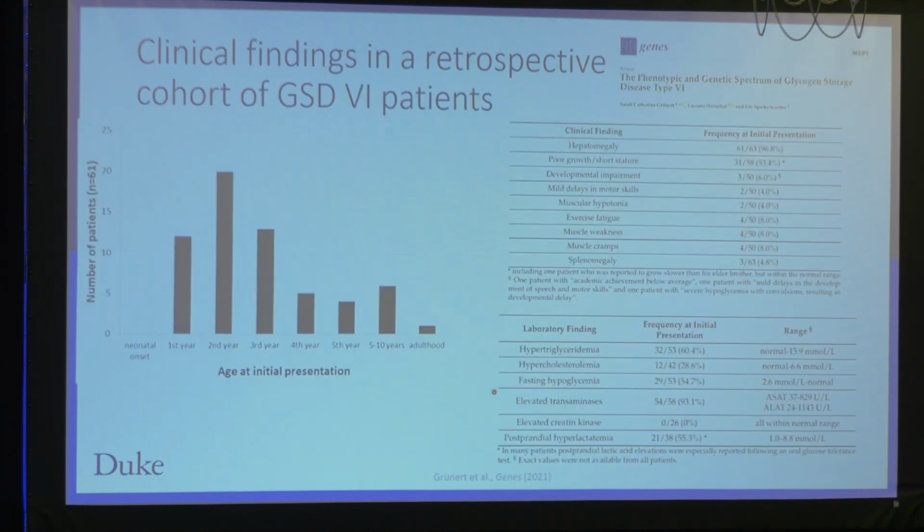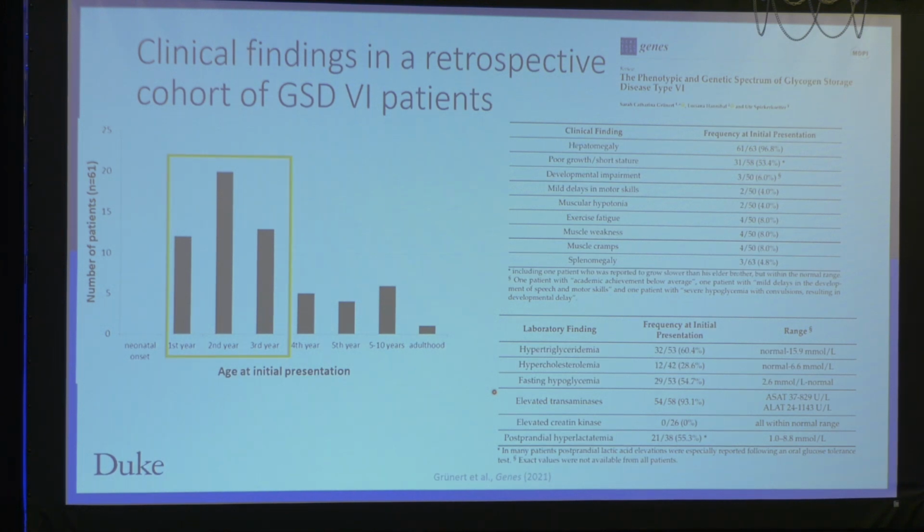And so if we go back now, the method that was used by Sammy Fernandez, who was my medical student, Dr. Sarah Grunert in Germany, did the same study, but now with GSD6. So looked at all the literature on patients with GSD type 6, and what was the emerging theme? The same thing.